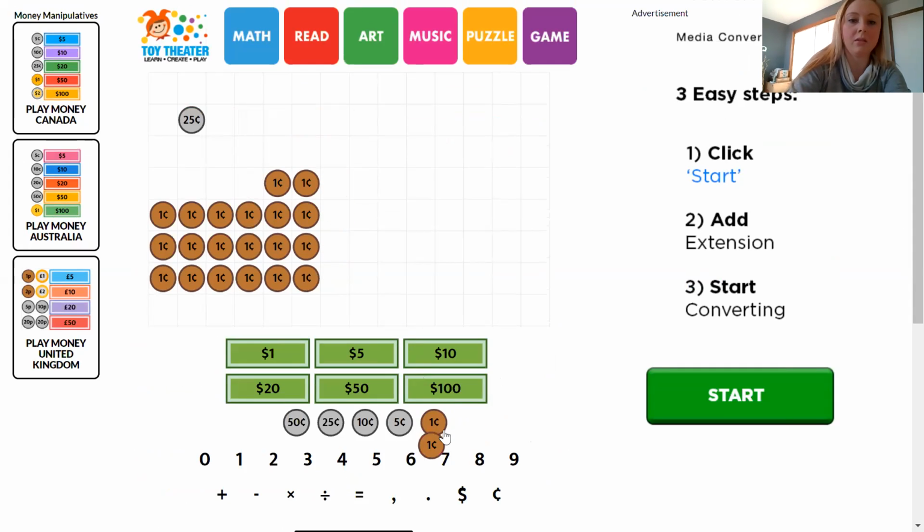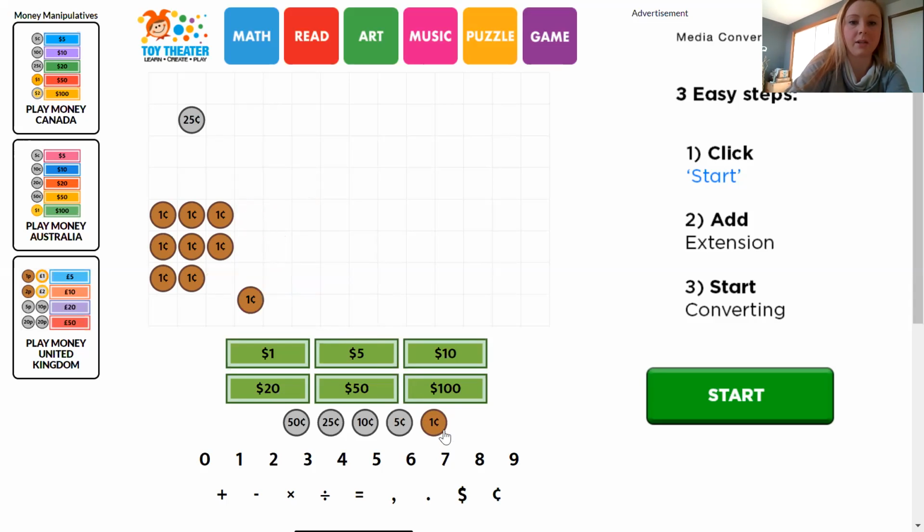Let's get rid of these. This is a new website that a parent sent to me, which is an awesome website, because I brought my fake money that we have at school, but I forgot my quarters. And of course, today we're talking about quarters. So that was super helpful to not have my quarters. Okay. There we go.